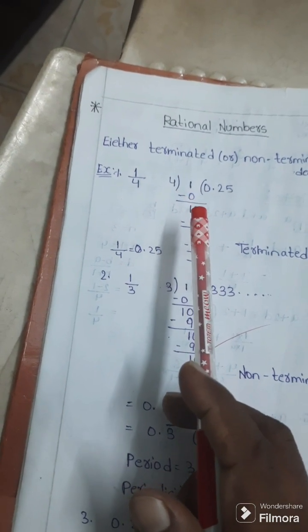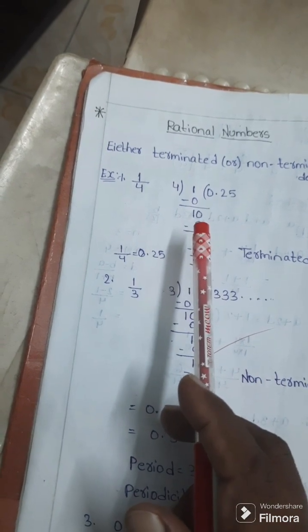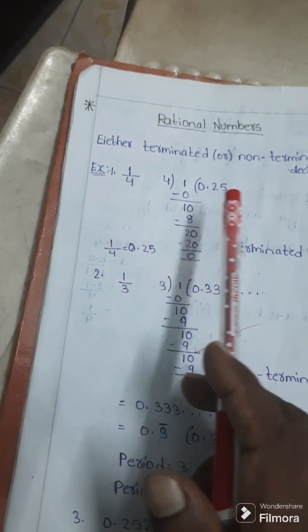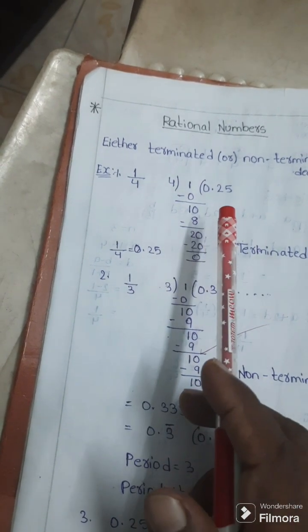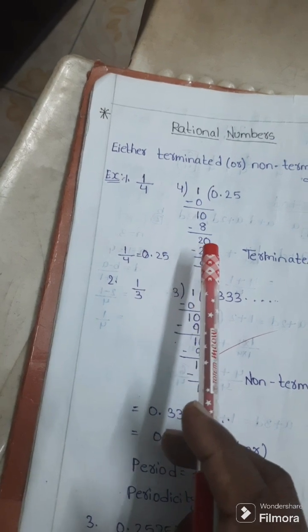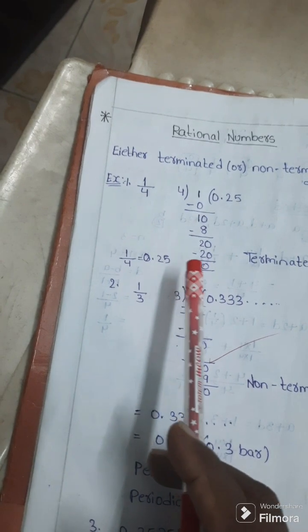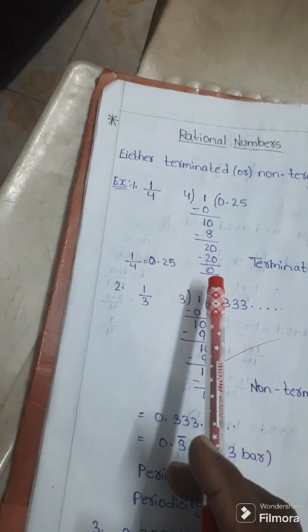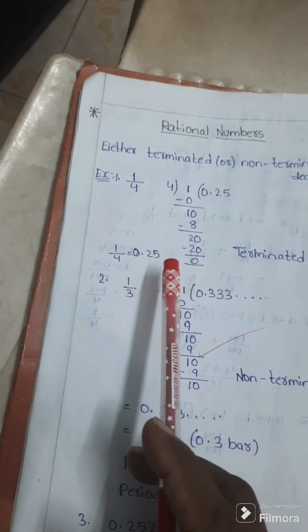Subtract, 1 minus 0 is 1 only. Keep the point, afterwards you can keep a 0. It will be 10. 4 twos are 8. Subtract, 2 comes again. After the point you can keep as many zeros as you require. After 2, keep a 0. 4 fives are 20. So 20 minus 20 is 0. That means 1 by 4 is 0.25.